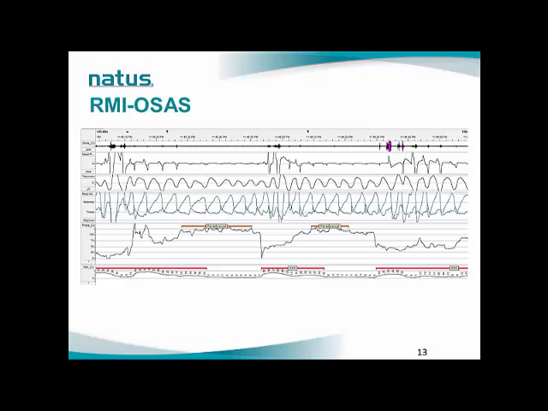Thoracoabdominal effort shows a desynchronized breathing pattern, which gives an indication that these are obstructive hypopneas. The phase trace shows associated changes in the angle of the phase signal, and RMI events were detected.